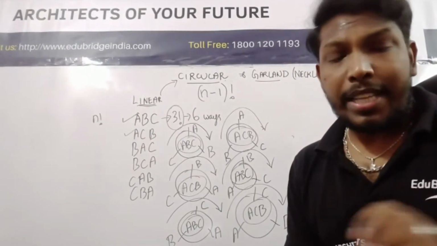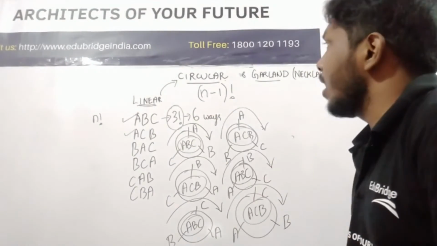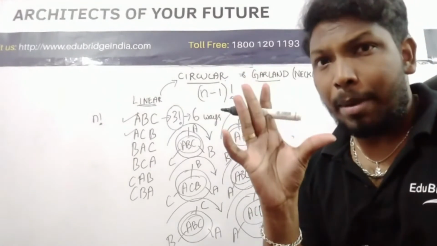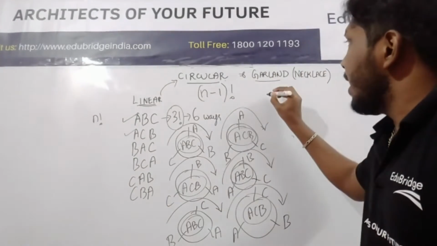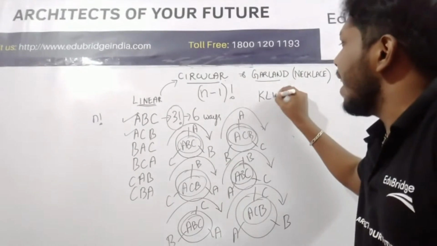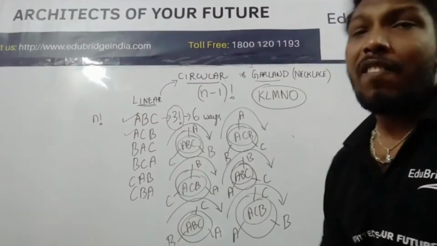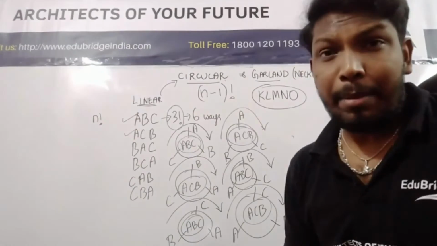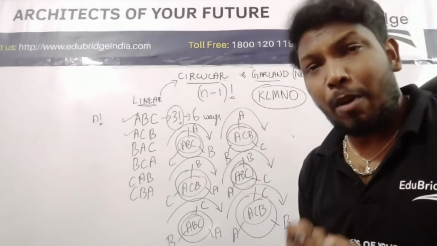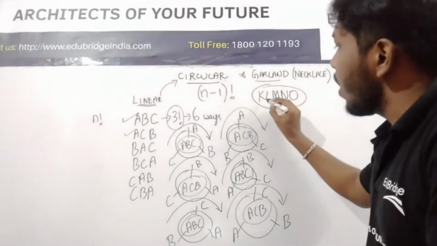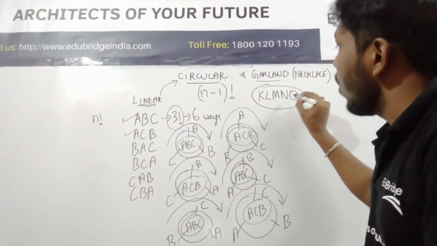Let's give you another question on this. In circular permutation, let me ask you a question. There are 5 people, let's take K, L, M, N, O, sitting at a dining table. How many different arrangements are possible? Very simple. How many people are here? 1, 2, 3, 4, 5.